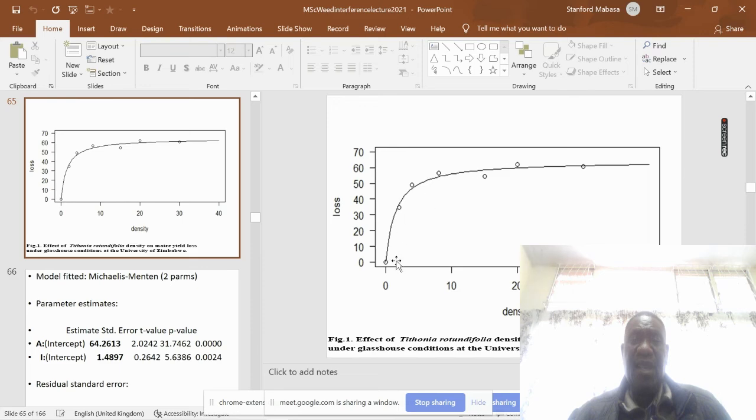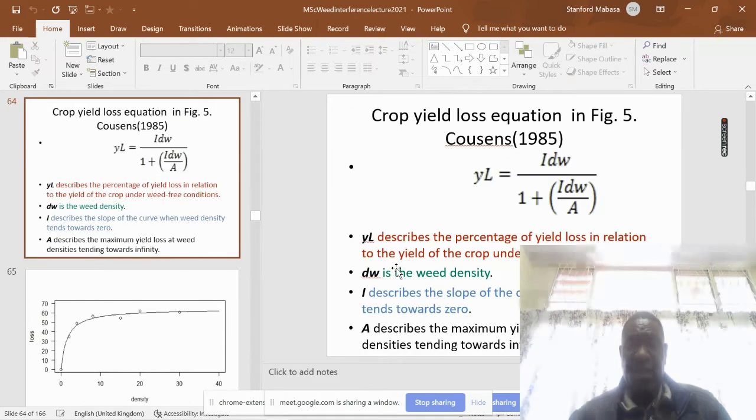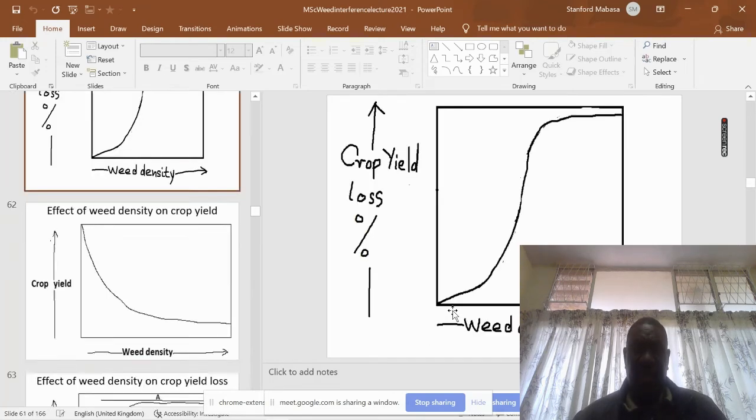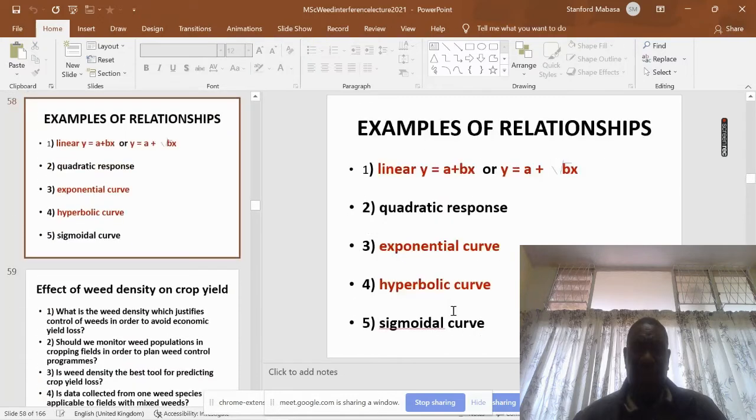The name of this graph is this last one, the hyperbolic curve.